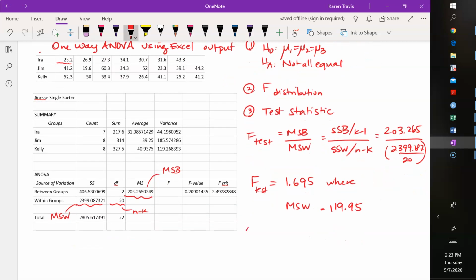So what we do next is we find our F critical. We see that that is here already. I used a 5% level of significance.